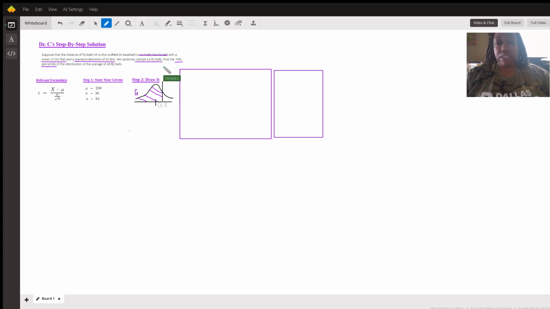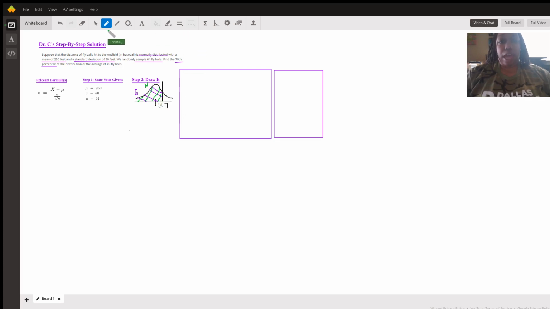It just says 70th percentile, which leads us to look at the left side. So we're just looking at the 70th percentile here, and we're going to shade it in.